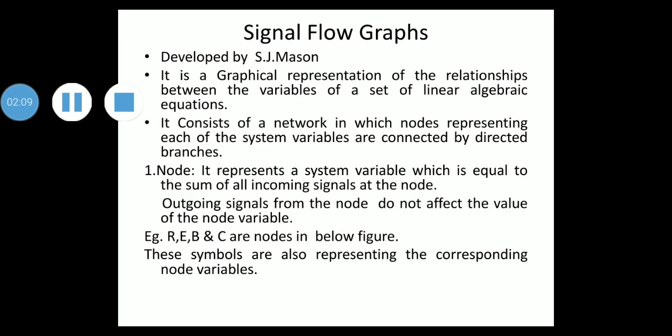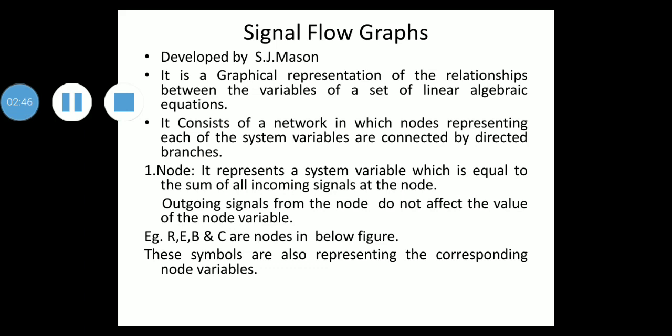First we'll see the node. What is a node? A node represents a system variable which is equal to the sum of all incoming signals at the node. The outgoing signals from the node do not affect the value of the node variable.